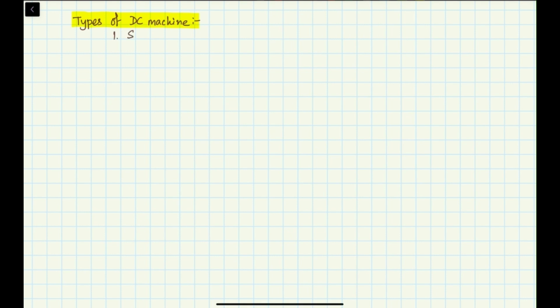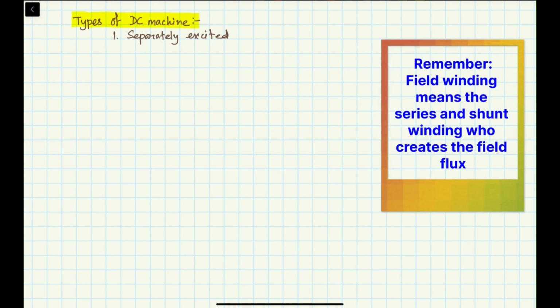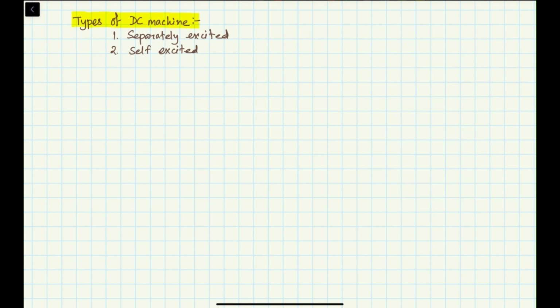One is separately excited. Here the field winding is not connected to the armature. It is connected with a separate voltage source to provide the field flux. The others are self-excited, where the field connection is connected to the armature.